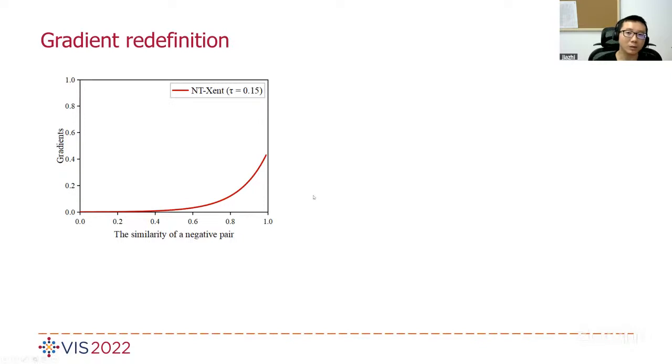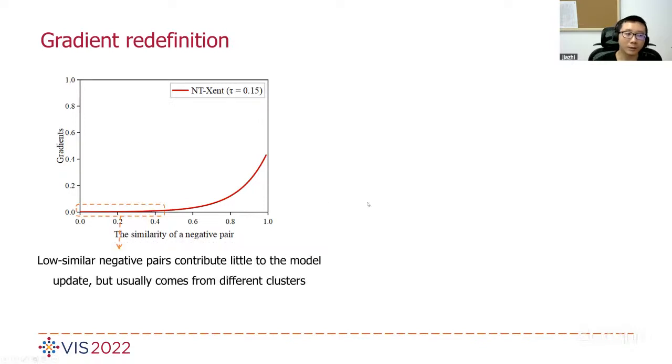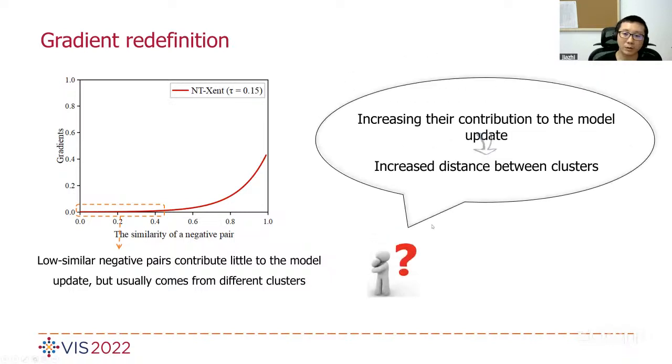So our intuition is that if we can increase their contribution to a model update, we will be able to extend the distance between different clusters in the embedding space. Now the questions are: which negative pairs should we increase the gradient for, and how do we increase the gradients?